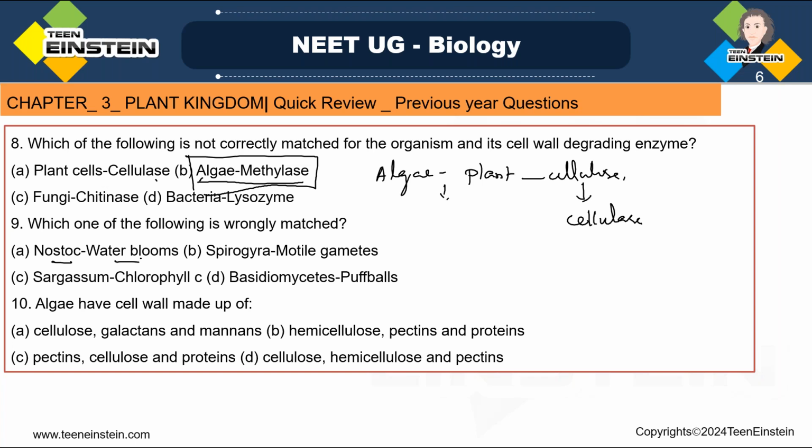Then the next option is Spirogyra, motile gametes. And Sargassum belongs to brown algae, so it will have chlorophyll A and C. Sargassum has chlorophyll A and chlorophyll C, then carotenoids, then xanthophyll, and that brown pigment, fucoxanthin, right?